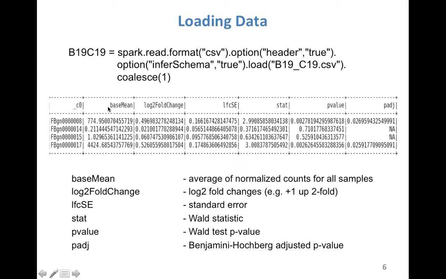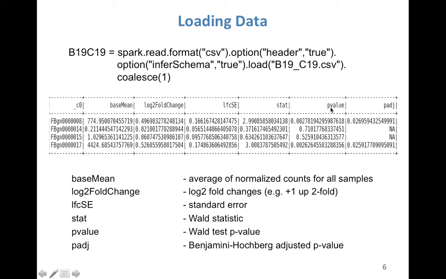Base mean is the average of normalized counts for all samples. Log2 fold change is the log fold change. If it is +1, that means it is two-fold more in bully. Log fold change standard error is just the standard error.